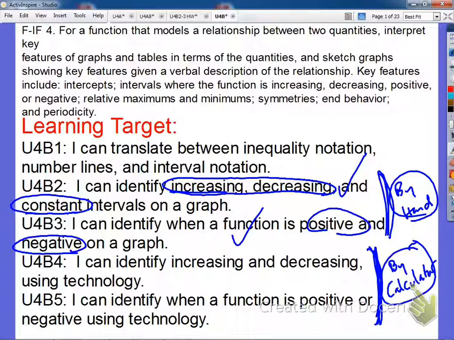So currently my intention is not to have any specific videos for these two skills. It's basically to apply what you learned in Unit 4 Part A, maximums, x-intercepts, minimums, that stuff, and then apply that to these two skills right here that we just focused on.